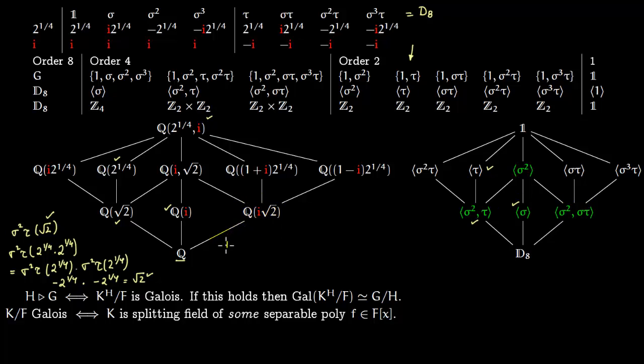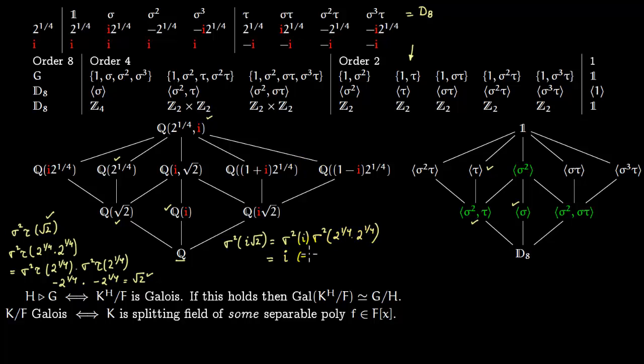So you can see sigma square of i root 2. You rewrite it like this: sigma square of i times sigma square of, instead of root 2 we are writing 2^(1/4) times 2^(1/4). Sigma square of i would remain as such, because sigma square fixes i. 2^(1/4) is sent to negative 2^(1/4).